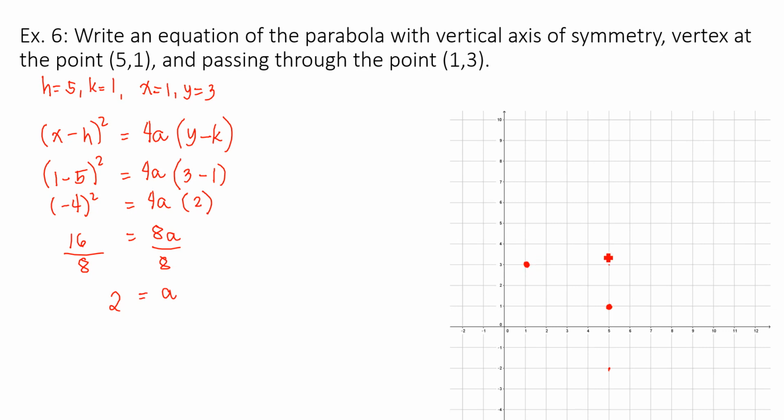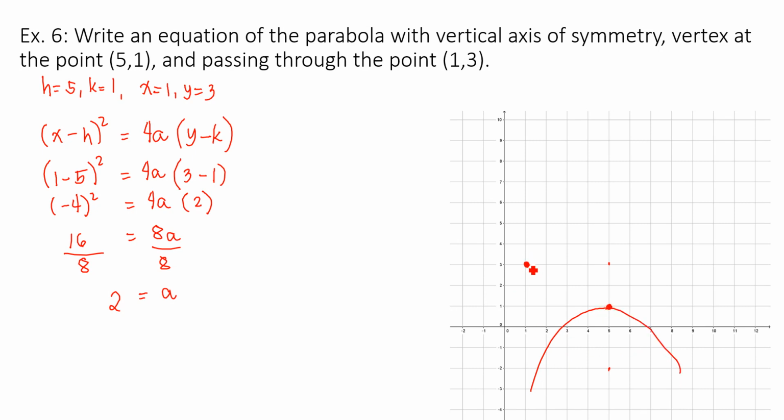Since the graph is this one, and of course this would be the vertex, the turning point, we have no other way but to open upward. We cannot open downward, right? Because if this opens downward, something like this one, it will not pass through this point.